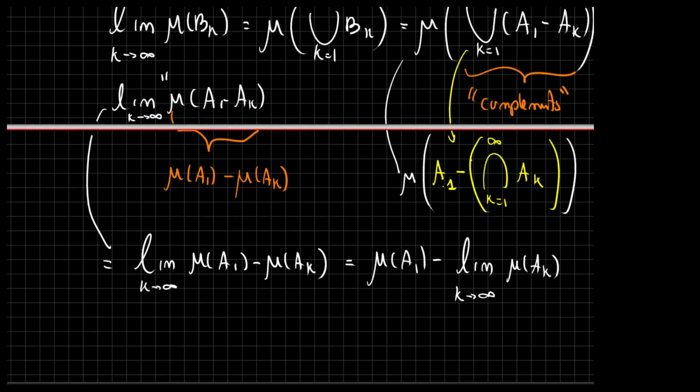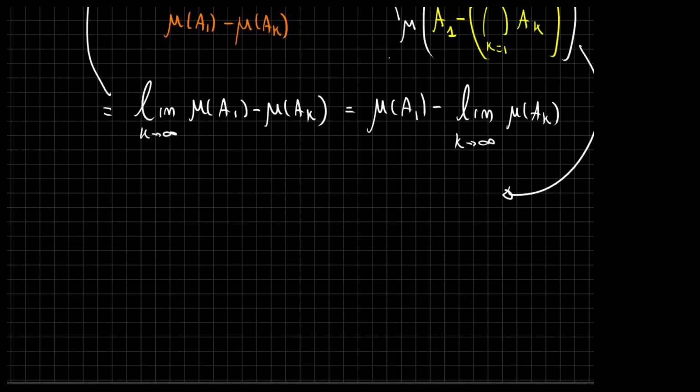And you know that, once again, the measure of A1 is finite, so the intersection will also have a finite measure. So this is getting a little messier. So this will be equal to the measure of A1 minus the measure of the intersection of every Ak.